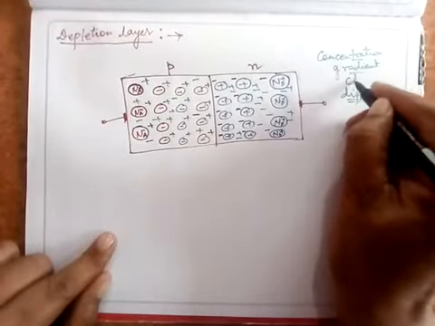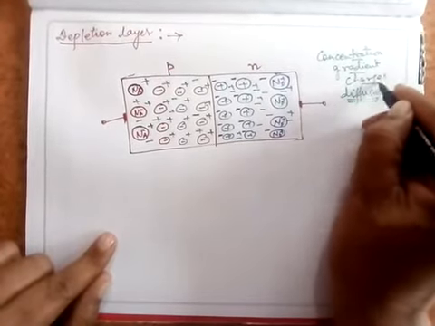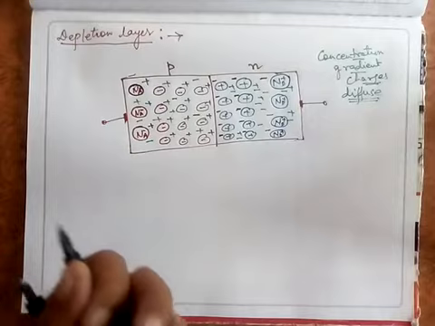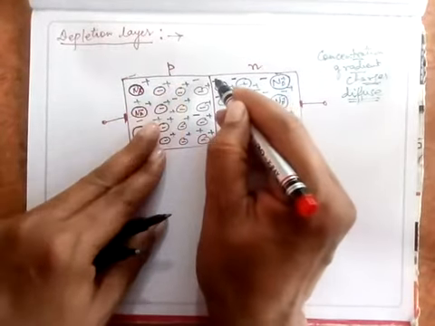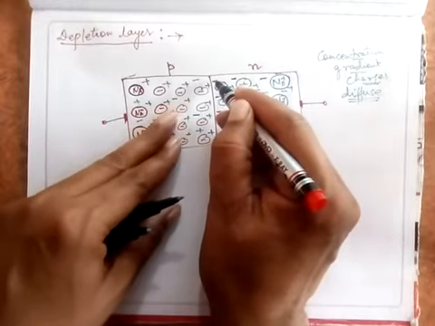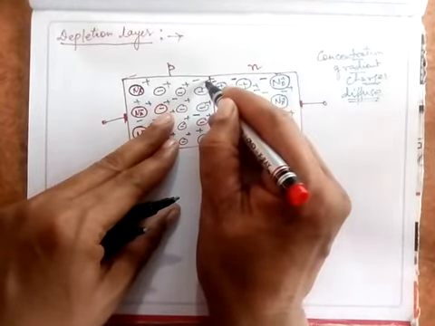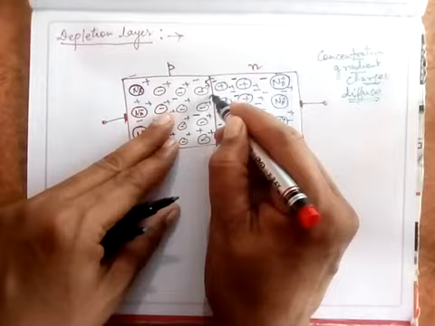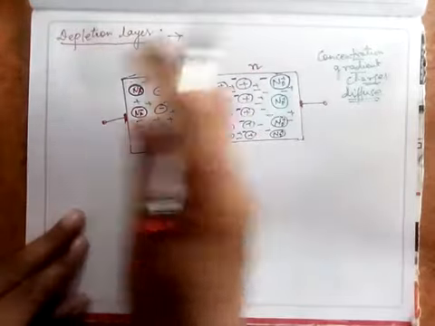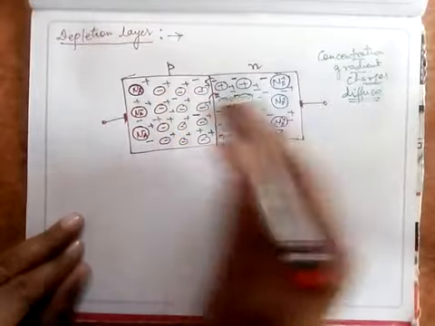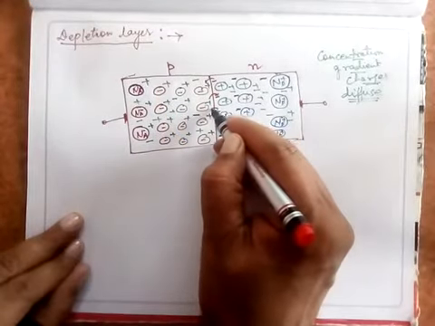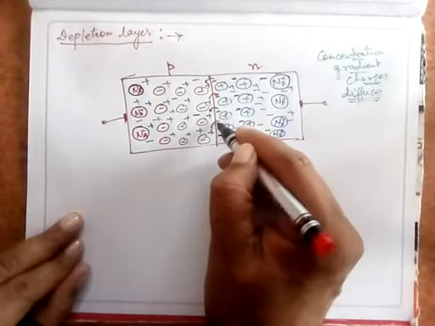Let's talk about near the junction: this electron moves towards this side, and this hole is moving towards this side, due to uneven distribution, from higher concentration to lower concentration.